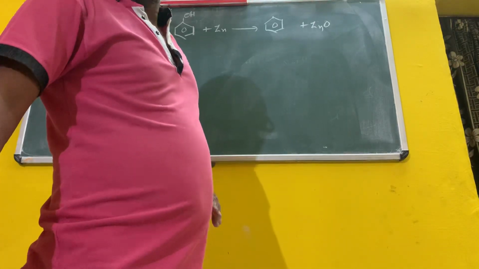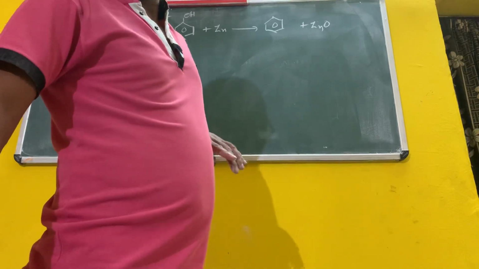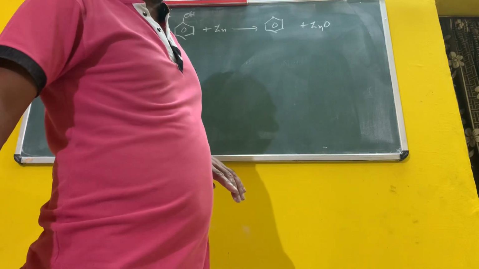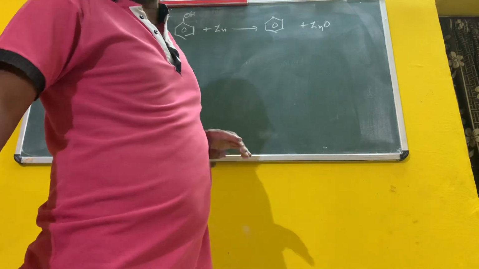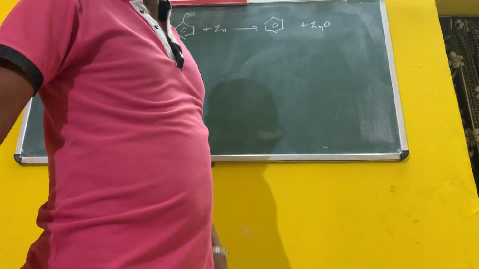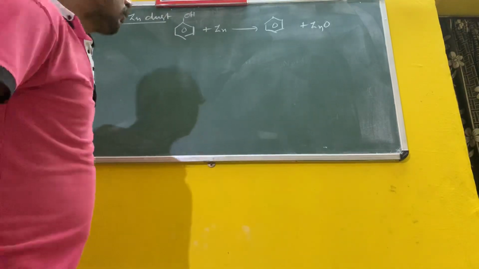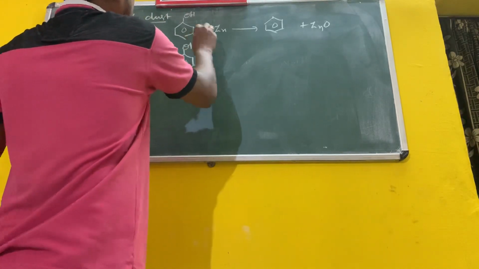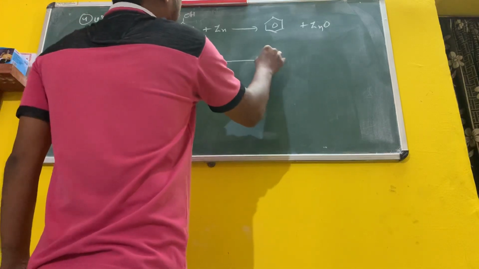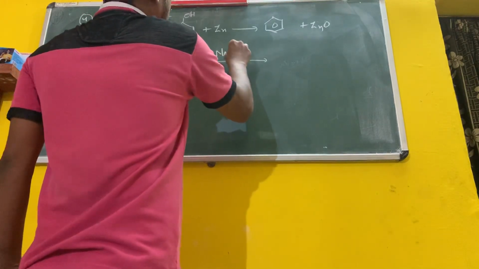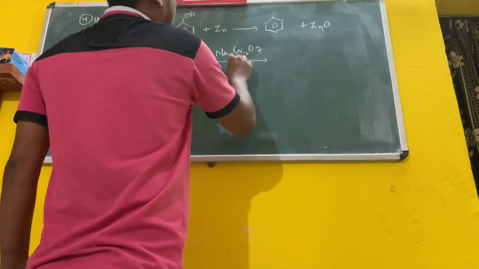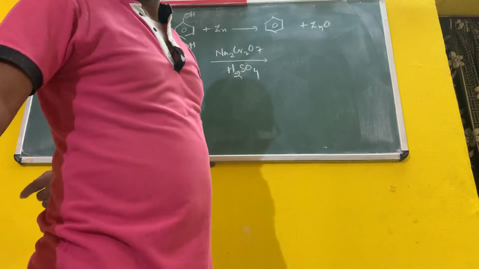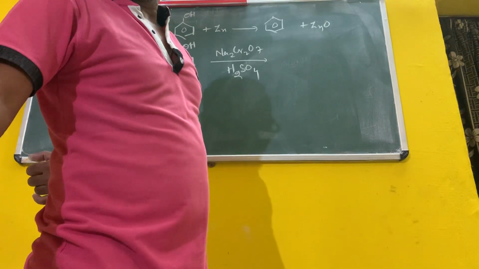Then next one is oxidation. When phenol is treated with acidified sodium dichromate, Na2Cr2O7, to form benzoquinone. Oxidation, OH, in presence of Na2Cr2O7, acidified, means H2SO4, acidified sodium dichromate, to form benzoquinone.